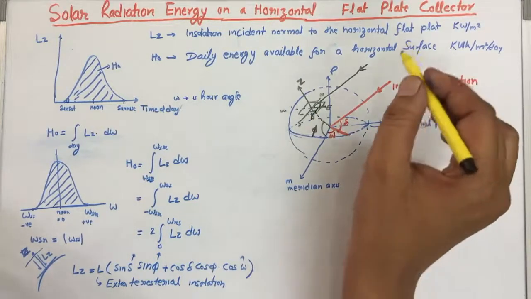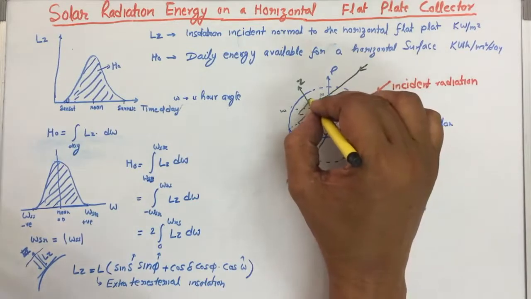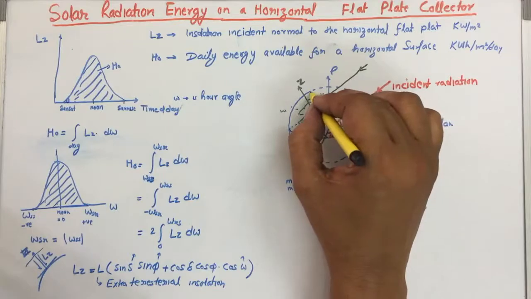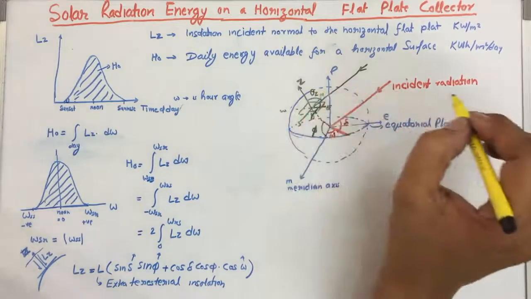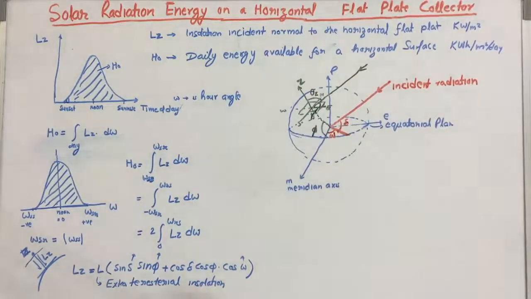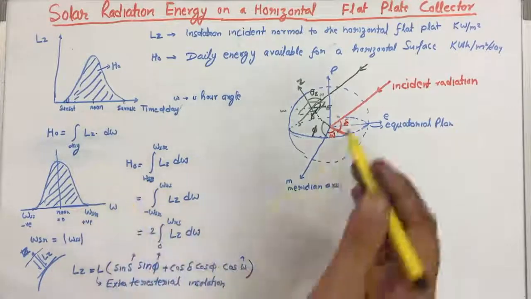And this incident with this zenith is called theta z, the sun azimuth angle. It becomes very complex. Anyway, the main angles are clear to us, that are required to find LZ, to find the H0.